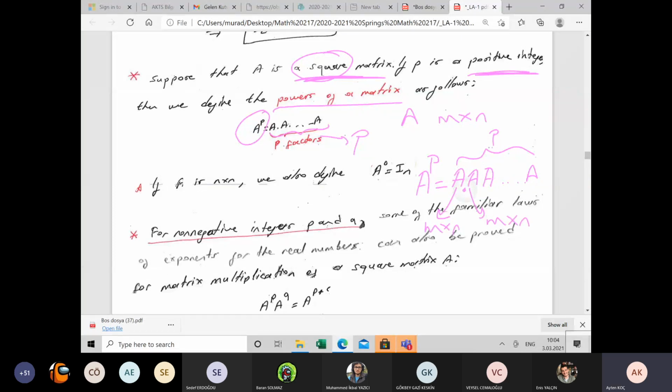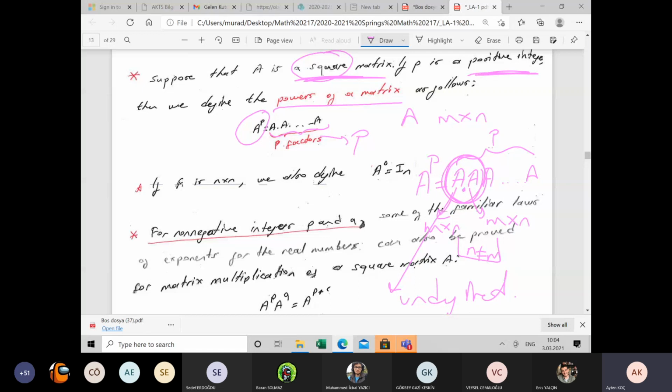This operation, the product, and also n is not m, so this one is undefined. So if our aim is to mention the power of any matrix, A should be a square matrix. Otherwise, undefined. It's okay? Be careful.